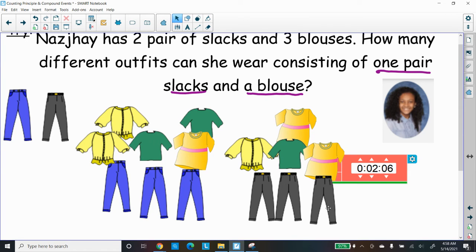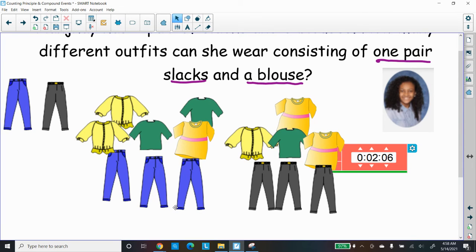So let's take a look at what we got. We just listed and drew all the different combinations that you have, and notice they're the same tops. So there are 3 over here with the blue jeans, a total of 3 different tops. Plus she has the gray jeans, 3 of those same tops.